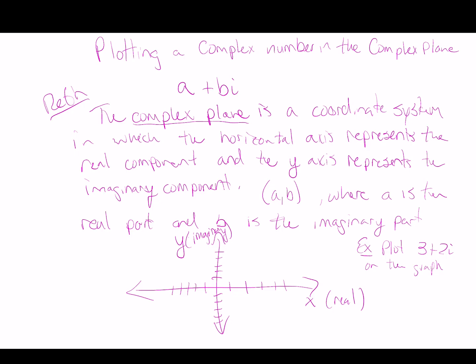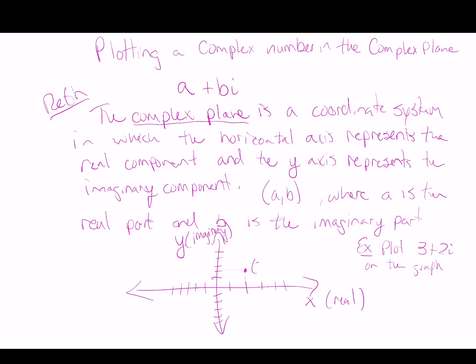So we go over 3 spots, and then we move parallel to the vertical axis to show the imaginary part, which is 2. So we go up 2. So we can plot our point there.